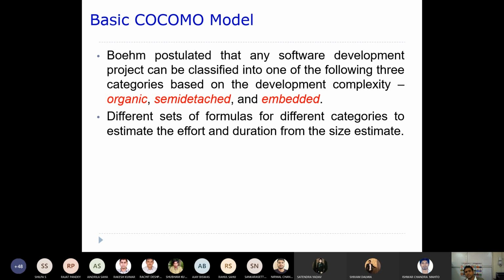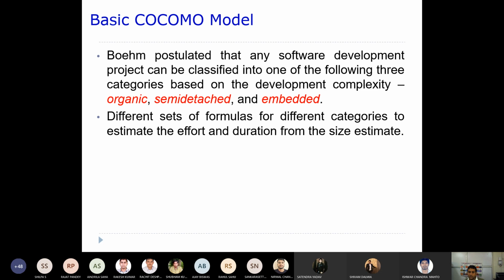Now, as part of your basic COCOMO model, Boehm postulated that any software development project can be classified into organic, semi-detached, or embedded, according to project complexity.